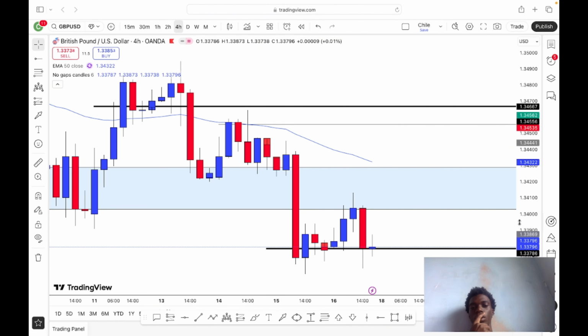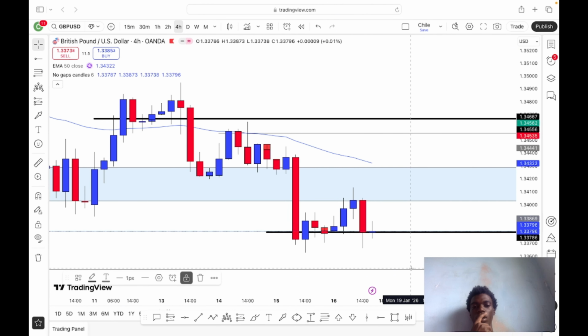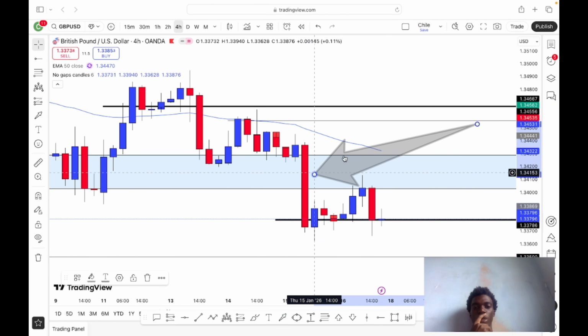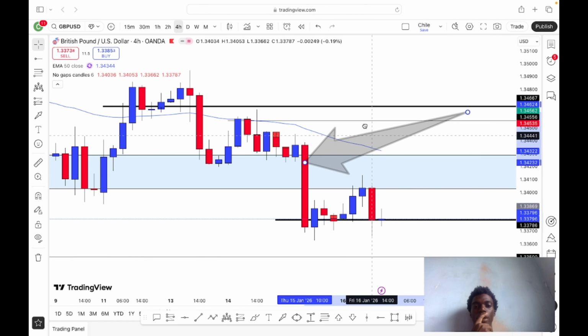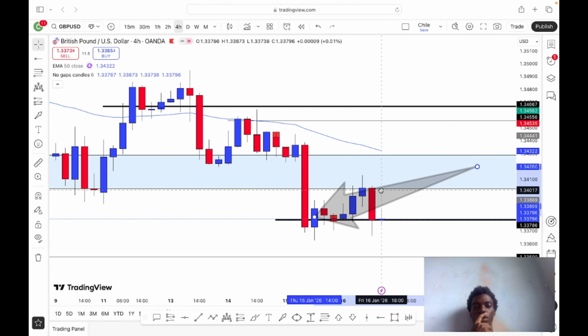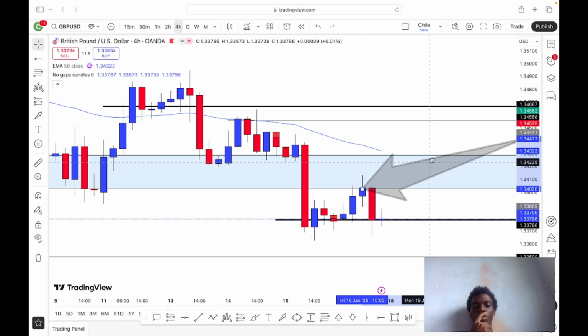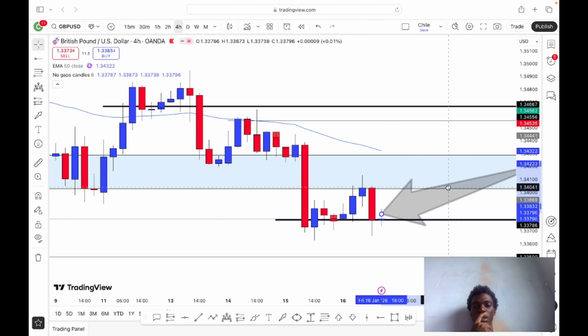As you can see from the 4 hour right here, we have this huge momentum candle, a bearish engulfing candlestick, and as price pulled back right here, we also have another bearish engulfing candlestick pattern.